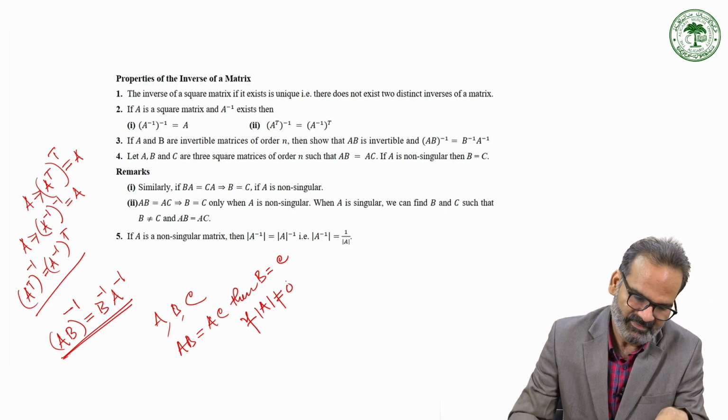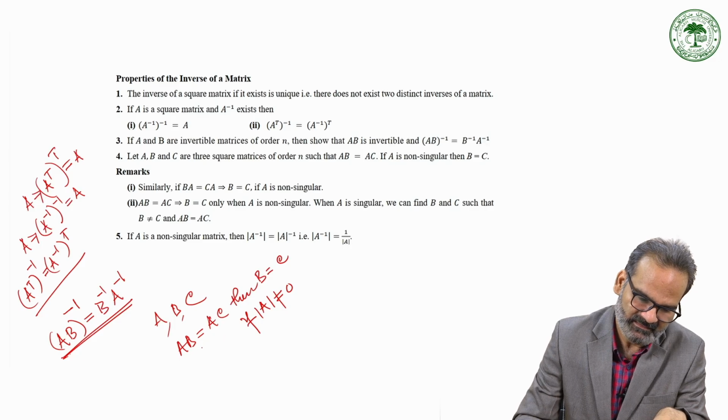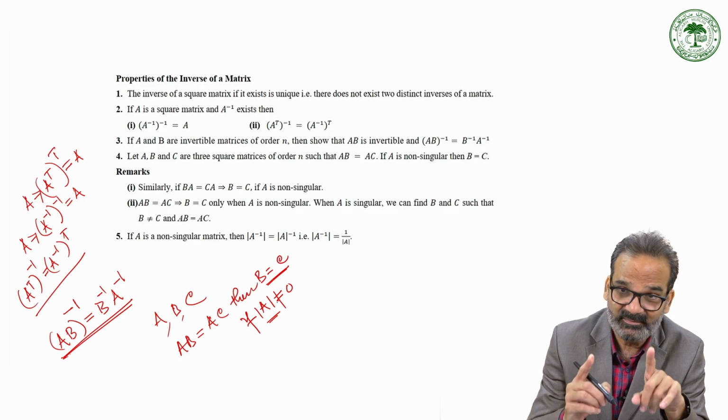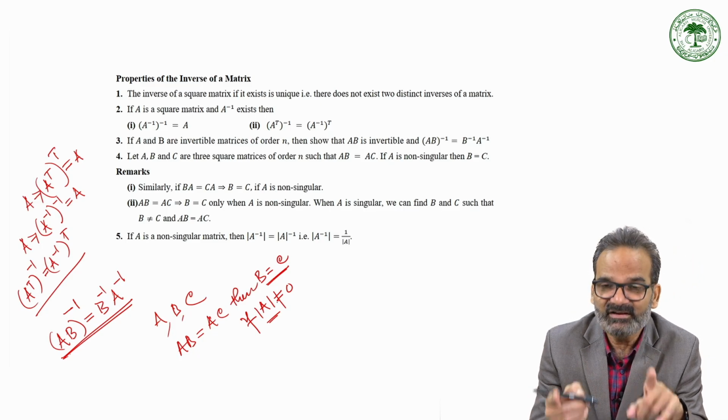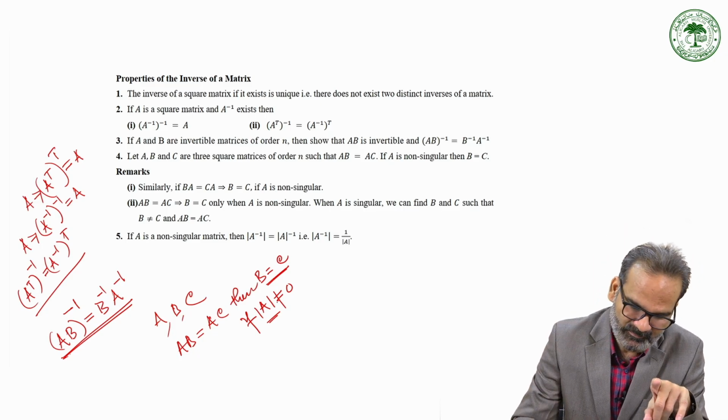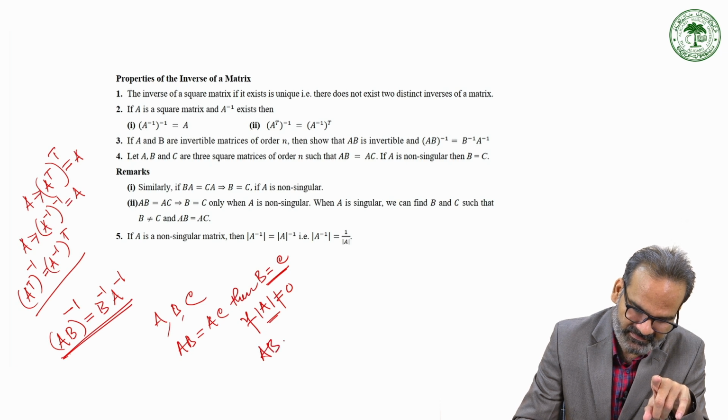But if the determinant of A is equal to 0, then AB equal to AC does not imply that B is always equal to C.